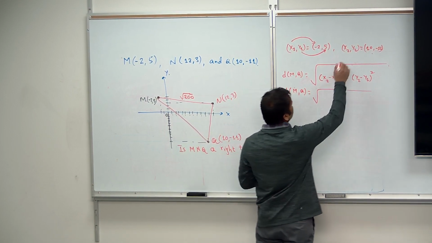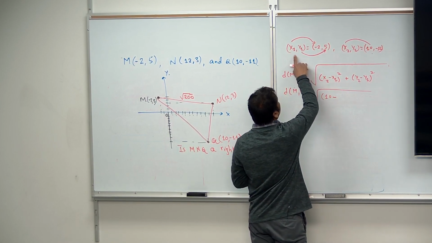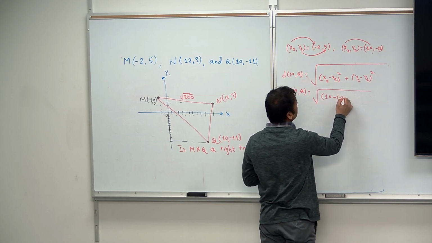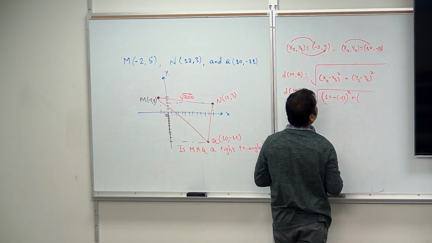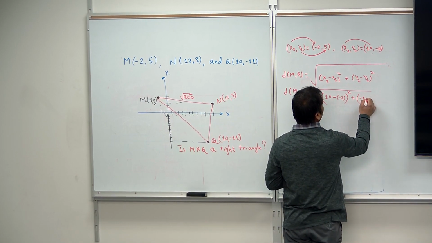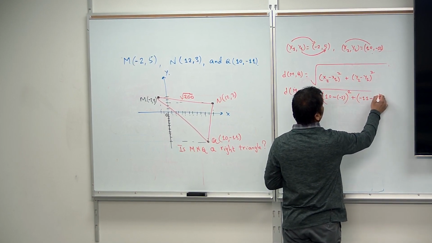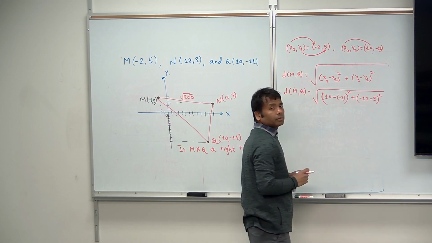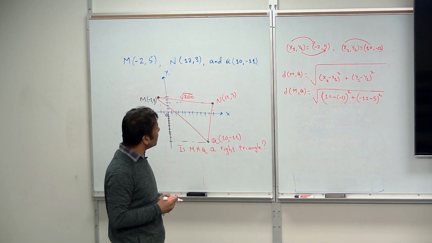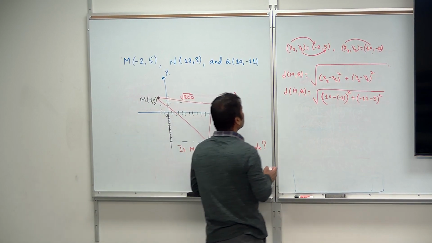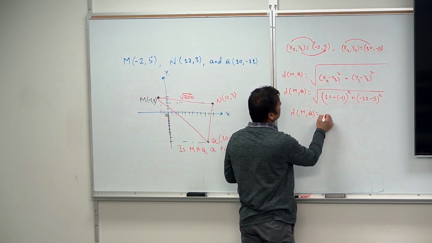Your x2 is 10, so this is 10 minus x1, which is negative 2. 10 minus negative 2, squared, plus, what is your y2? Your y2 is negative 11 minus your y1, which is 5, squared. Right? Make sense?